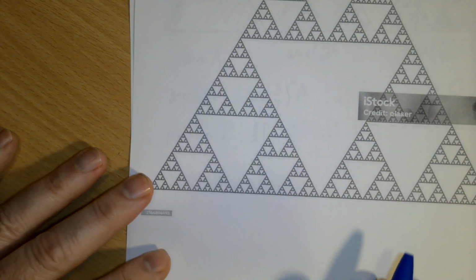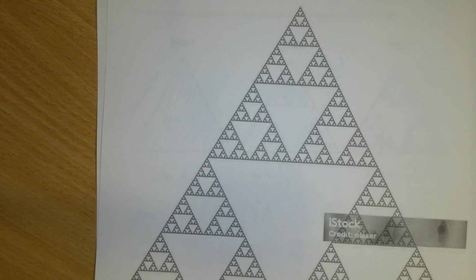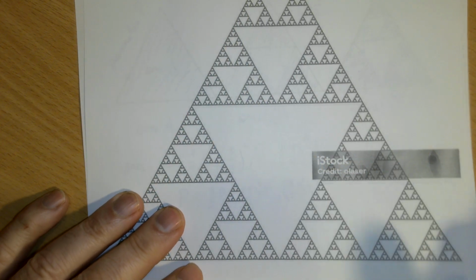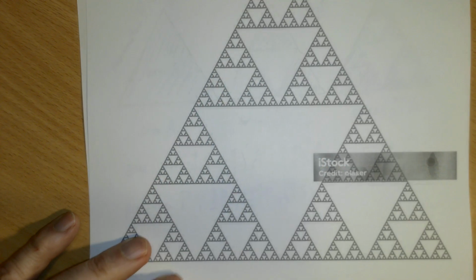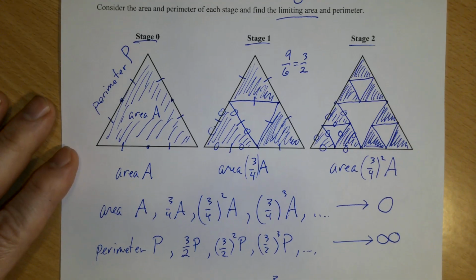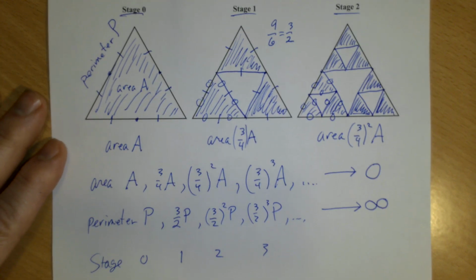I don't know how small that gets. Let's say it's stage 10, something like that. So the higher the stage goes, the more white it's going to become. The area, the shaded region, is going away. So there we go. Very famous problem, the Sierpinski triangle.